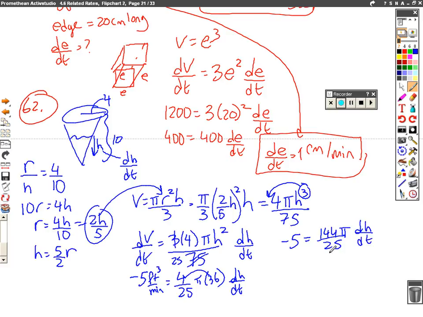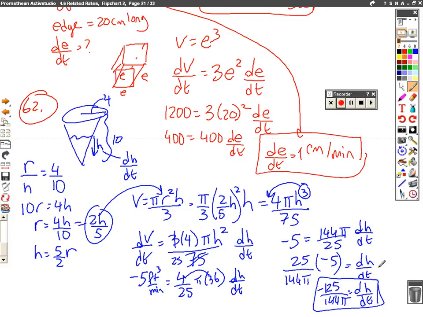To get rid of all this in one go, I'm going to multiply by the reciprocal. dH/dt is -5 times the reciprocal of this, 25 over 144 pi. And 25 times -5 is -125 over 144 pi for dH/dt. And that's our answer.